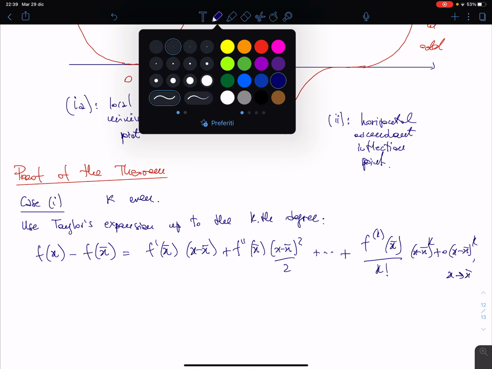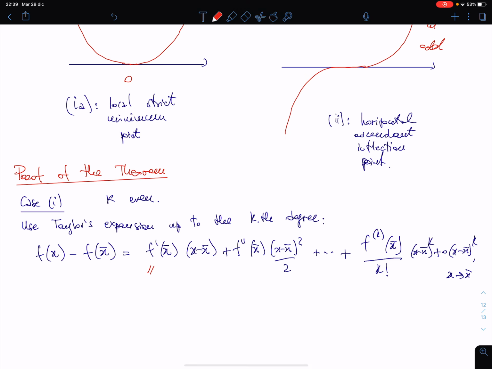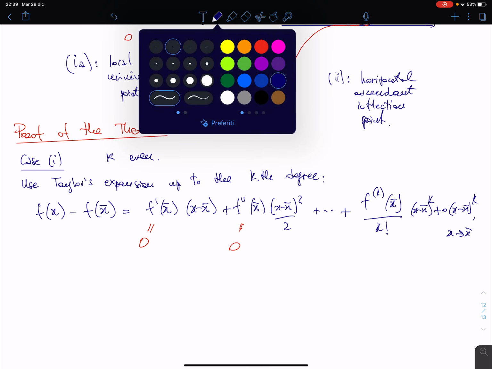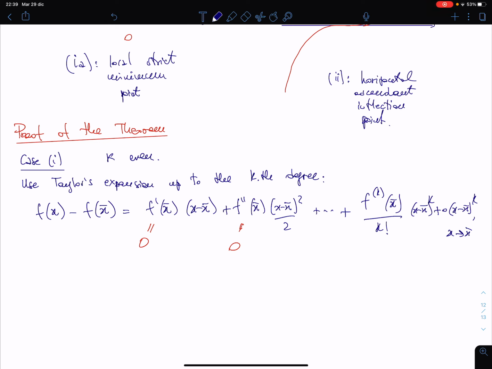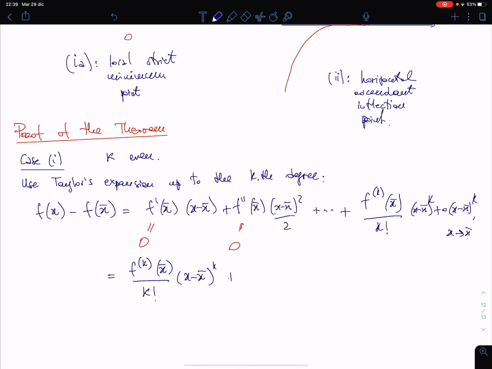Now, by hypothesis, all these derivatives f prime of x bar, f second, and so on, are equal to 0. So we end up with this: f(x) minus f(x bar) is equal to f^(k) of x bar divided by k factorial times (x minus x bar) to the power k, plus little o of (x minus x bar) to the kth power, x going to x bar.